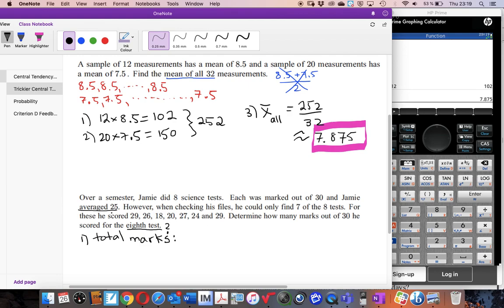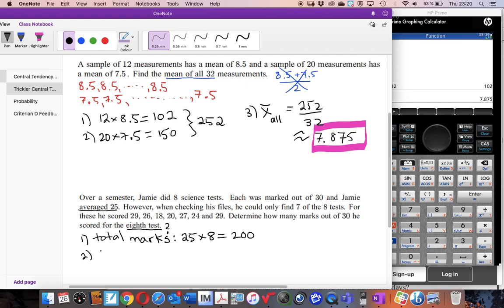If he has an average of 25 on all 8 tests, then we can say that he's earned a total of 200 marks, yeah? So maybe he got 23 on one, 27 on the other one, whatever. If that's the average, then you can just put that as every number.